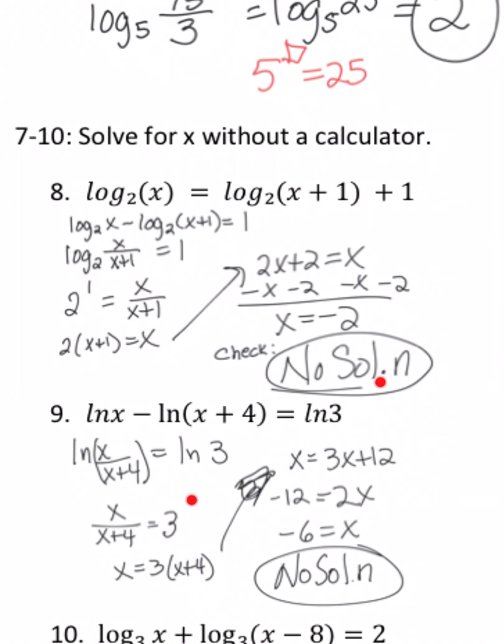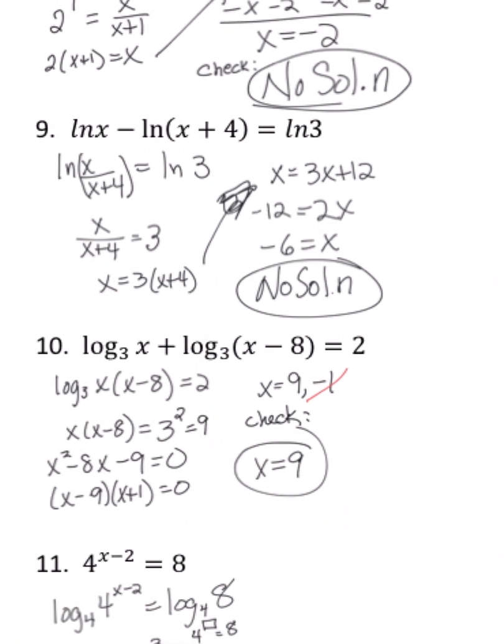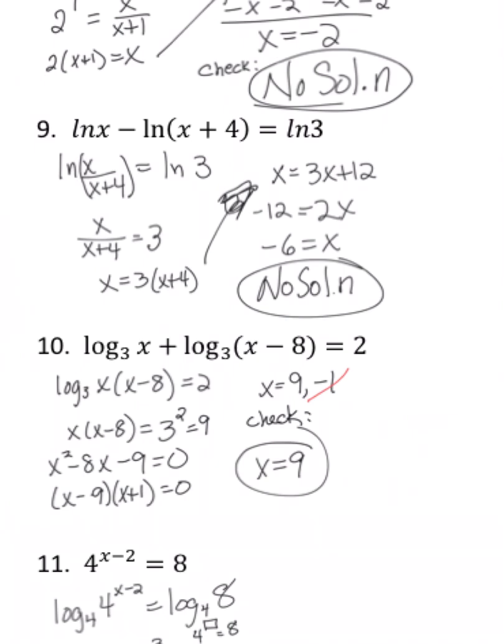Number 9, again, we have logs on both sides of the equal sign, but we see that everything is an ln. So what we're going to do is condense where we can, and if we have the ln of this rational equals the ln of 3, then the arguments of our logarithms must be equal to each other.